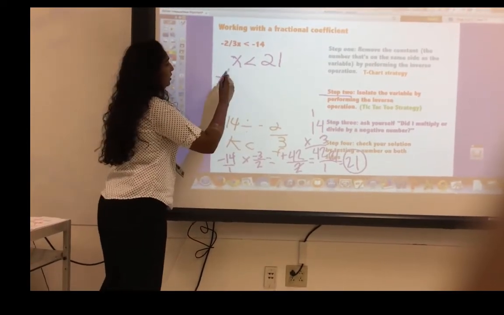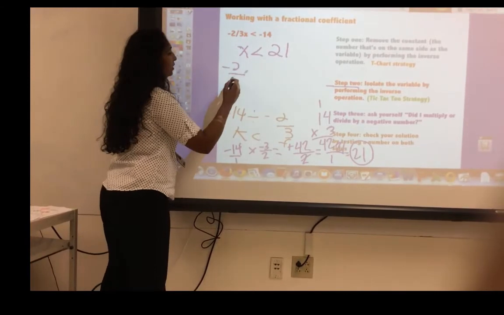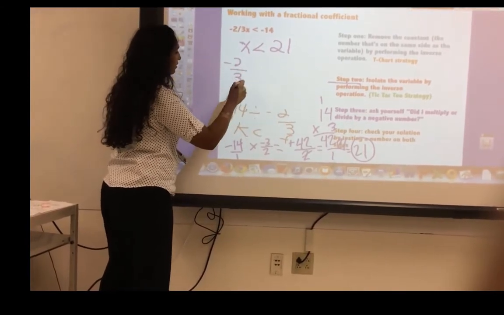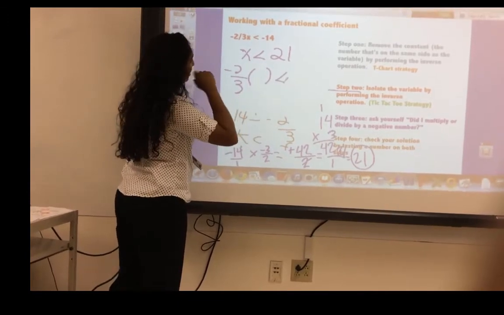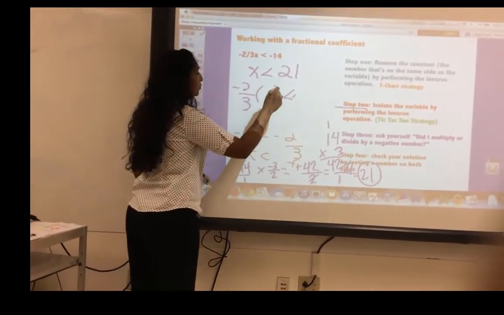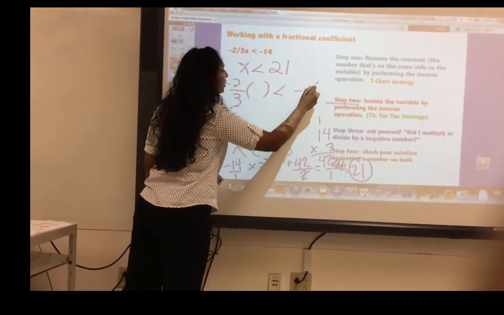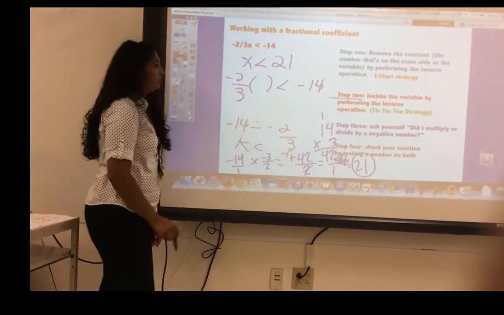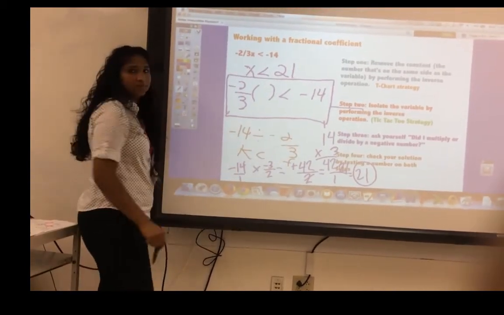So you're going to put negative 2/3, you're going to write it down, and hopefully you won't have as many technology issues as I'm having right now. And you're going to choose a number, and you're going to make sure that that number is less than 21. And when you pick that number that's less than 21, you should have something that's less than negative 14. So we're going to try this out in class.